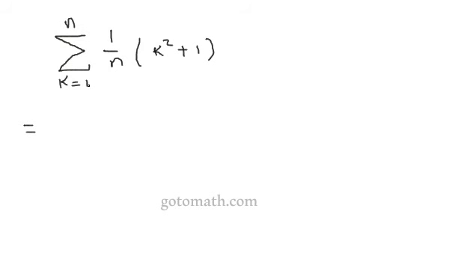So k, we're starting at 1 here, and going to n. But this coefficient is not going to be changing at all, because we're not plugging anything into this n here. We're just plugging numbers into the k. So what I want to do here is just take this out front and get it out of the way.